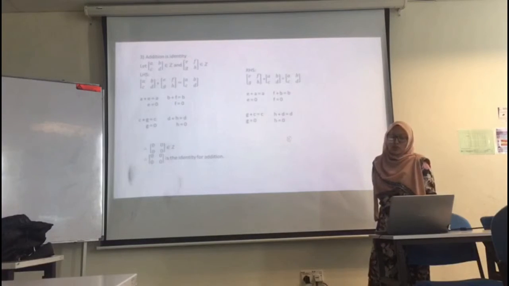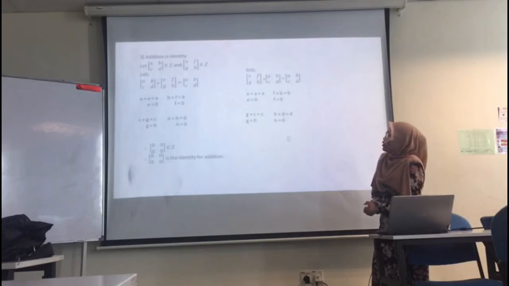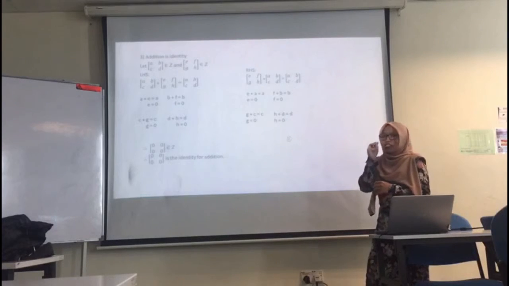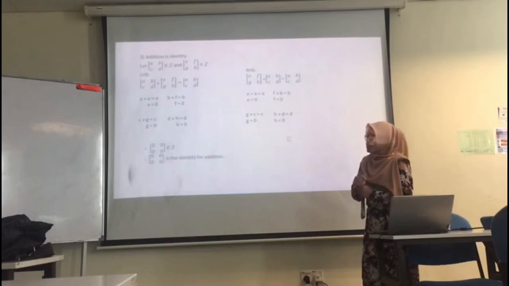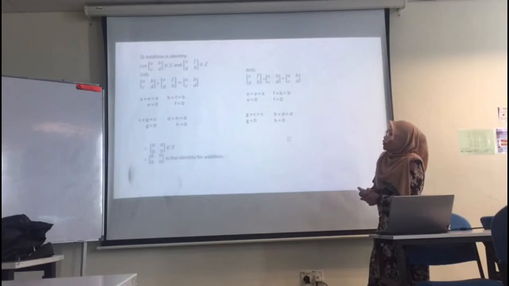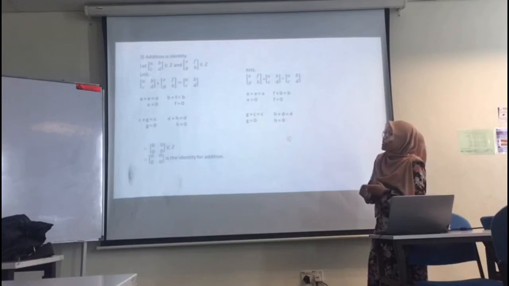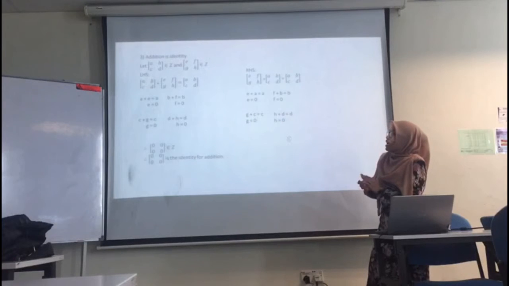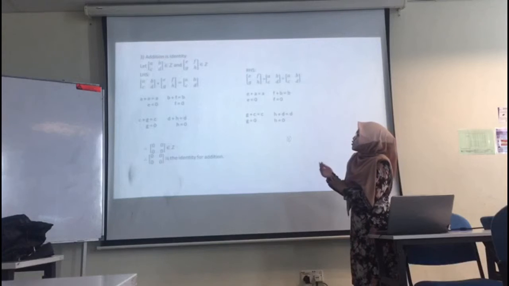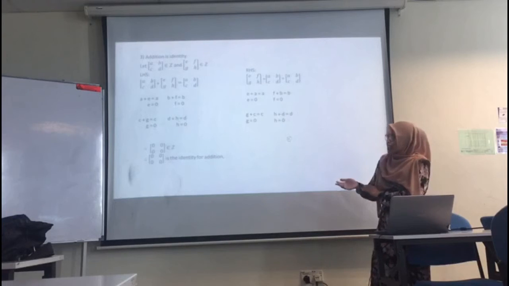Next, we need to prove the additive identity, where we know that the identity is 0, 0, 0, 0, an element of Z. So we need to prove the left hand side and right hand side. We need two matrices. I choose A, B, C, D and E, F, G, H, and in the left hand side we assume that E, F, G, H is the identity.